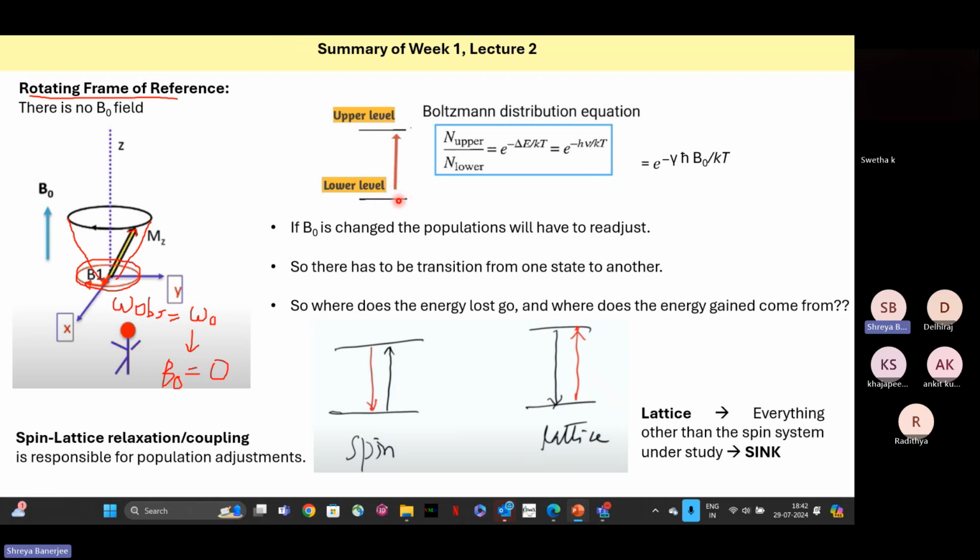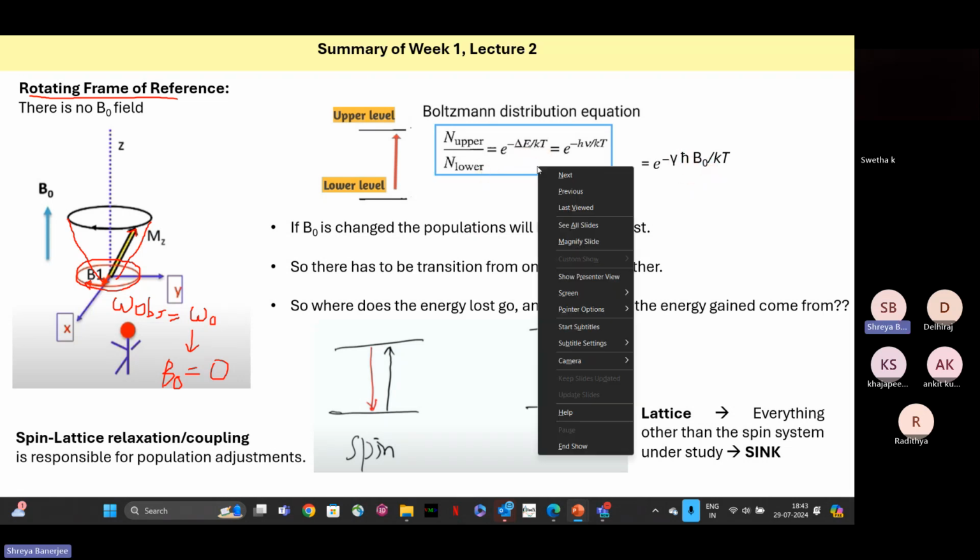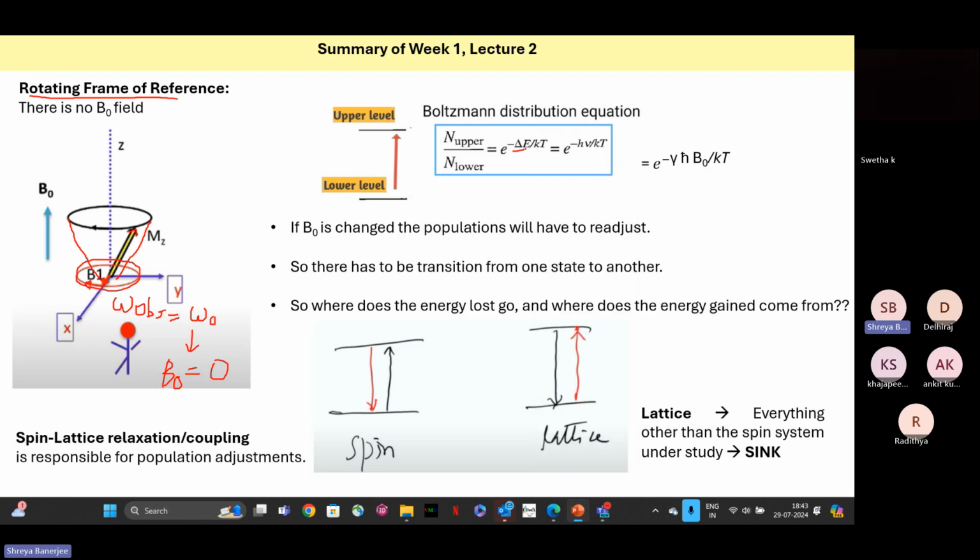So I was talking about the lower and upper levels of energy, and the population of these two levels was represented by the Boltzmann distribution. Now we have seen that delta E in case of NMR spectroscopy, where I is half, is gamma h bar B naught. So instead of delta E, you can replace gamma h bar B naught and you will get the difference in population.